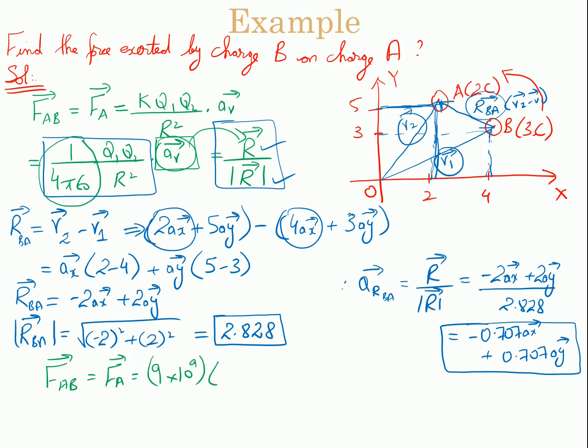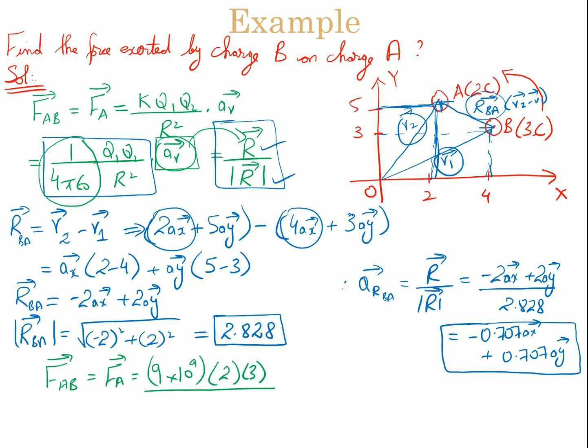I know my charge one is 2, and the other charge that I am getting is this is 3. Okay, so this is positive 3, and then I'm going to divide it by r square.